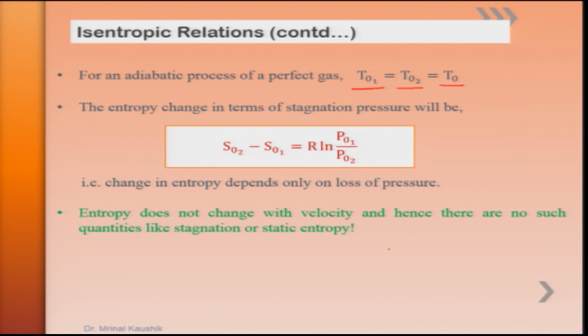But please see here that since this expression does not depend upon velocity, unlike enthalpy, there is nothing like stagnation or static entropy. That means the entropy does not depend upon the velocity, therefore there is a single entropy, and we cannot distinguish between static entropy and stagnation entropy; both are essentially the same.